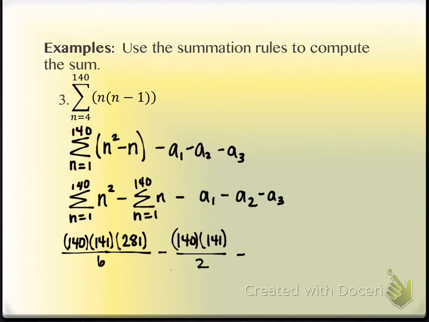All right, a1. So remember, a1 means taking the original equation, or you can use this version of it where it's simplified by the distribution, and plug in the number 1. So what happens when you get the number 1 plugged in there? It's 0. Then we're going to plug in the number 2. What does that give you? 2. And then we're going to take the a sub 3. We're going to plug in the number 3, and it's 6. So in the end, we're going to end up having to subtract 8 off.